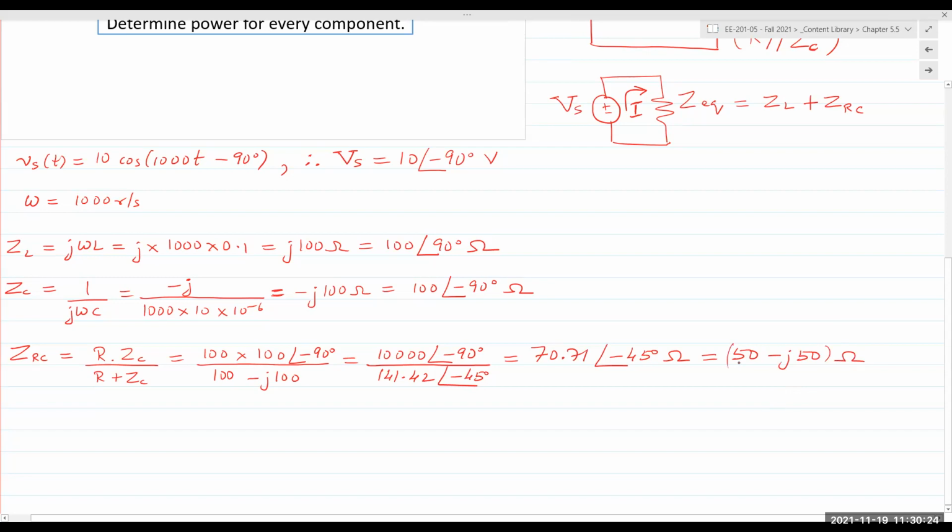And then finally, ZEQ would be ZL plus ZRC. ZL is j100. ZRC is 50 minus j50.